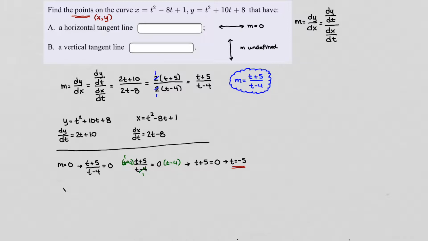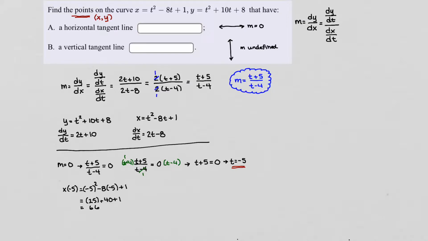That is, x of -5 is (-5) squared minus 8 times -5 plus 1. Specifically, that's 25 plus 40 plus 1, or in other words, 66. So our x value is 66.